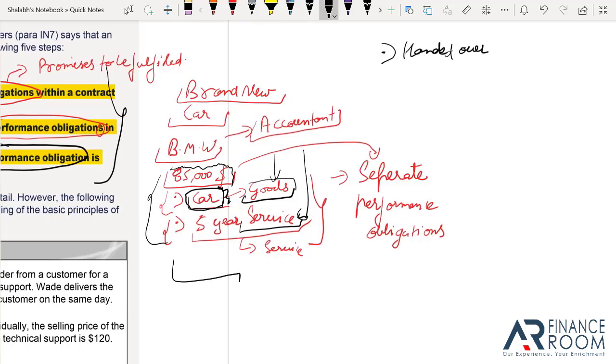But this 5 years of service will get completed eventually with passage of time. So the revenue for this would be recognized with passage of time.